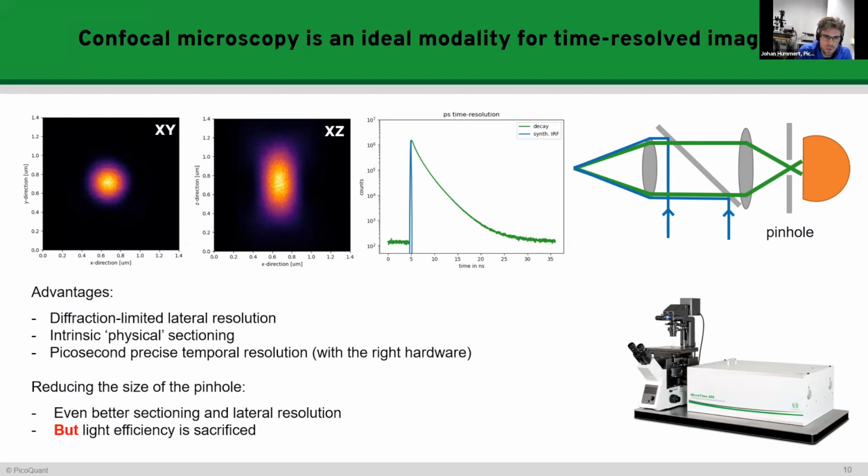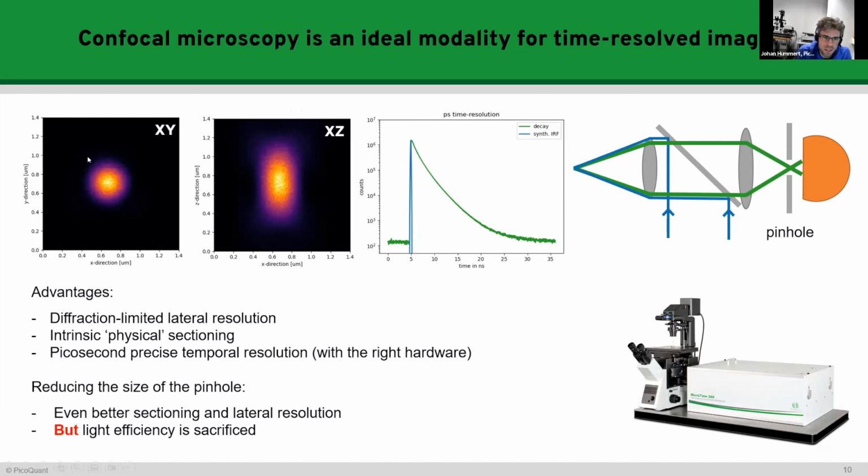So what PicoQuant is probably best known for is the confocal microscopes, which are still workhorses in many biology labs and an important part of imaging facilities. And that is due to a few key advantages of confocal microscopy, which gives a diffraction limited resolution, as you can see in the plots here on the top.